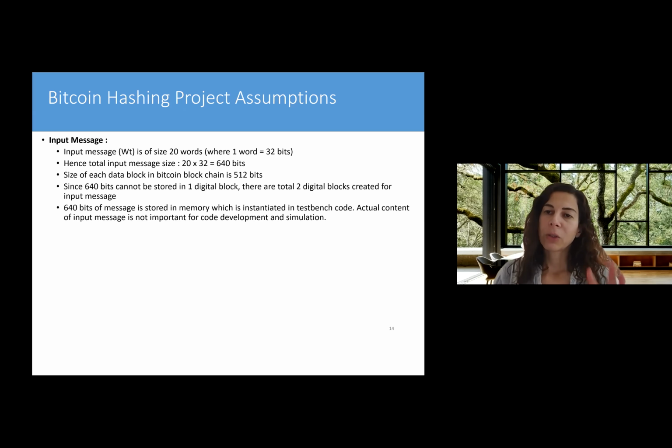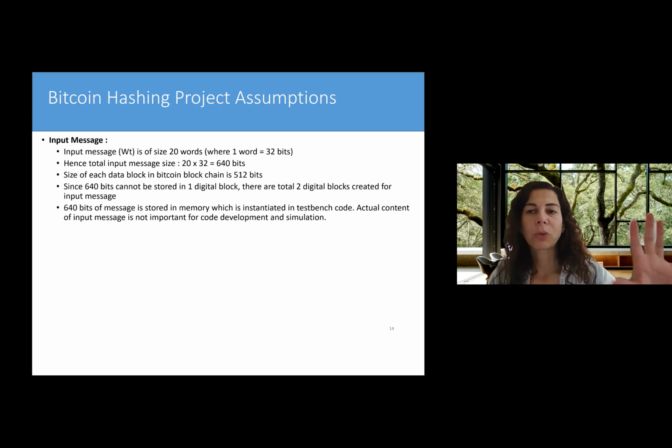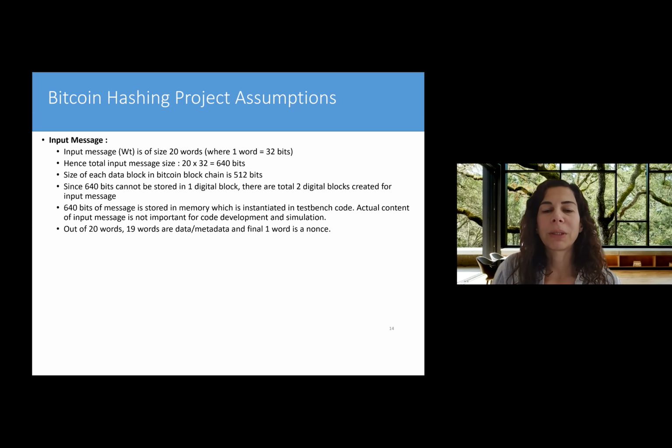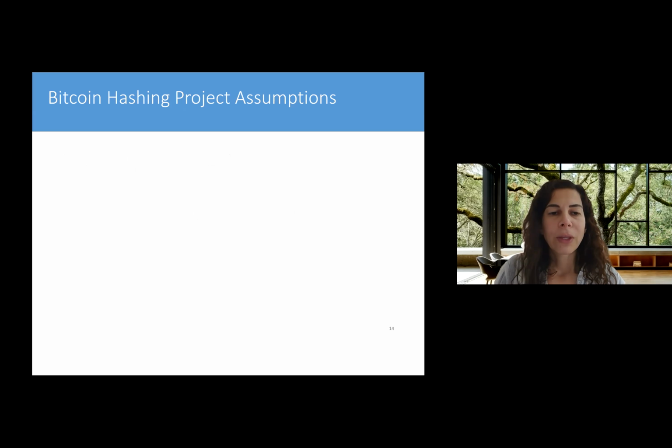So when you're writing your code, we have the test bench, and the actual bit message is something we're going to read from the test bench. The actual content of this input message is not important to us in code development and simulation, because when we're running this in real life, it could have any of the possible numbers.